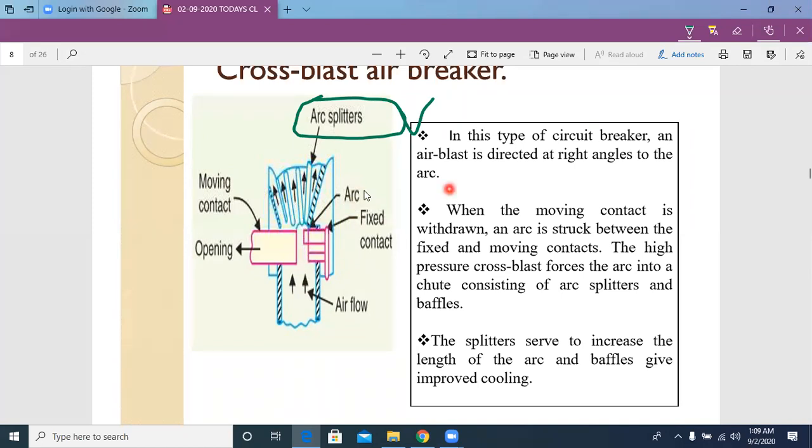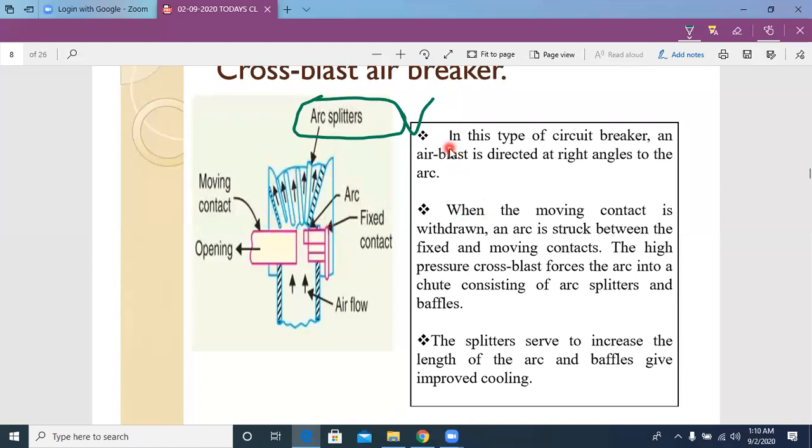When the arc is struck into the arc splitters, the total arc is divided into a number of sections. When it is divided, the L value is increased, that means the arc length is increased. When the L value is increased, the arc resistance value is increased. That means the medium is deionized. When the medium is deionized, it gets the capability to extinguish the arc. This is what goes on in a cross blast circuit breaker.